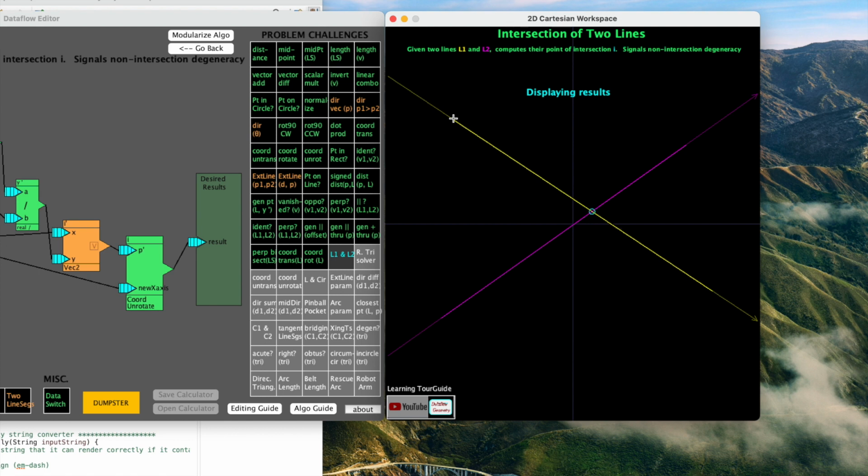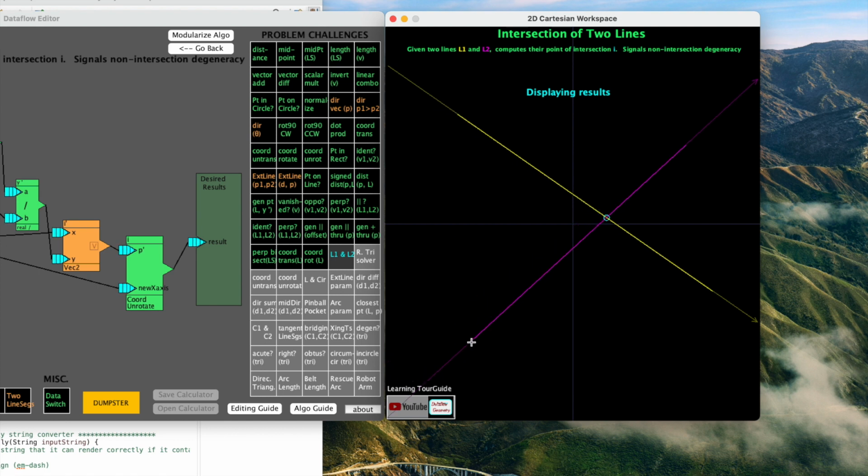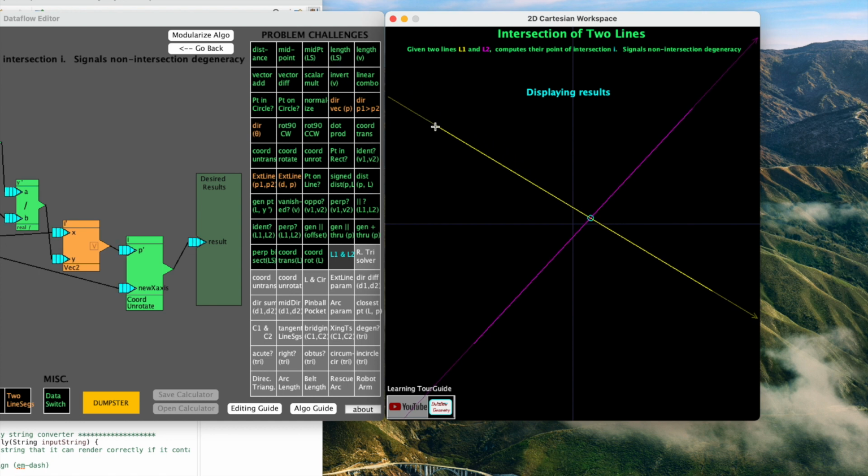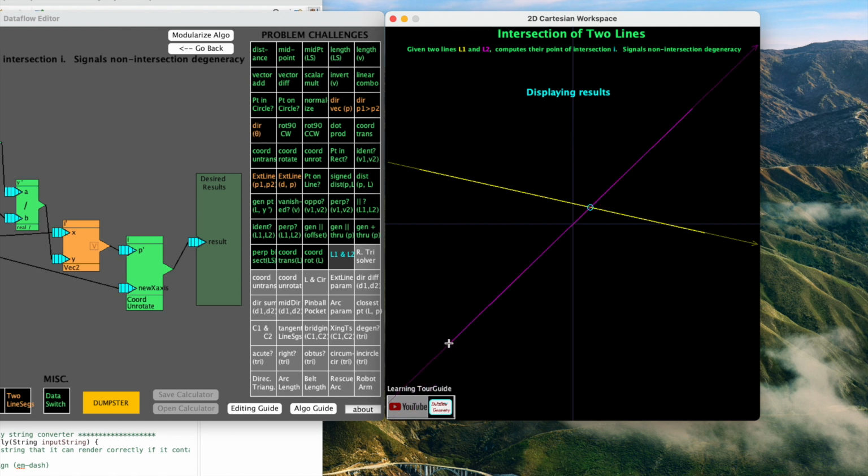We're essentially doing something very analogous here by pulling a coordinate rotate on one of our two input lines. So we're bringing the other line into a coordinate system in which the other line is perfectly vertical, and that greatly simplifies finding the intersection point.